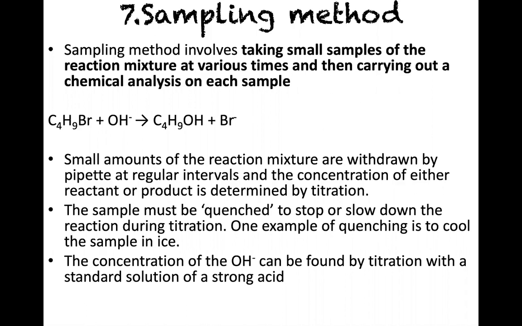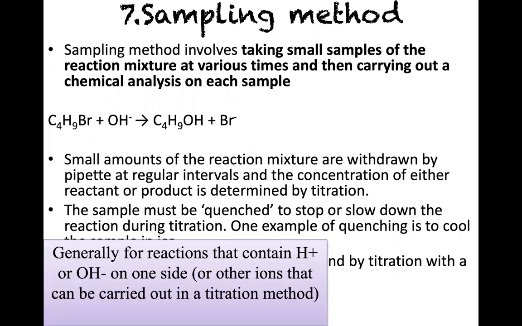That's the only way to pause time, to pause the reaction whilst your reaction mixture is still going on. The concentration of hydroxide can be found by titration with a standard solution of a strong acid. I hope that's clear, the difference between the sampling method and the continuous method.